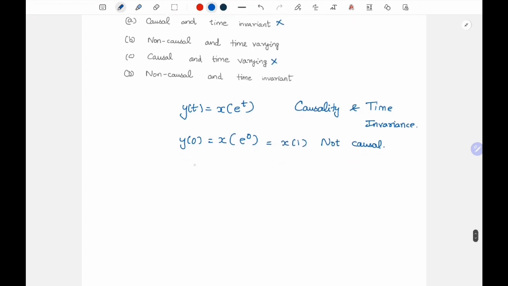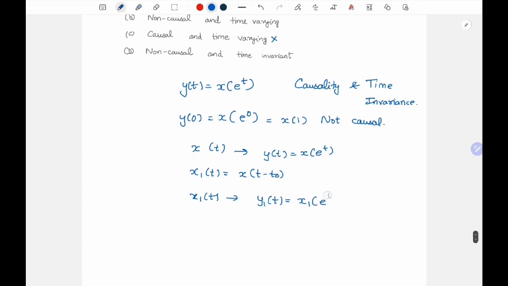Okay. So again, let's take our usual approach. Let's pass x of t, we get y of t as x of e power t. Let's take x1 of t as x of t minus t naught. So x1 of t will give me y1 of t, which is x1 of e power t, right? And actually x1 of e power t is nothing but, from here I need to replace t with e power t, which is nothing but x of e power t minus t naught.